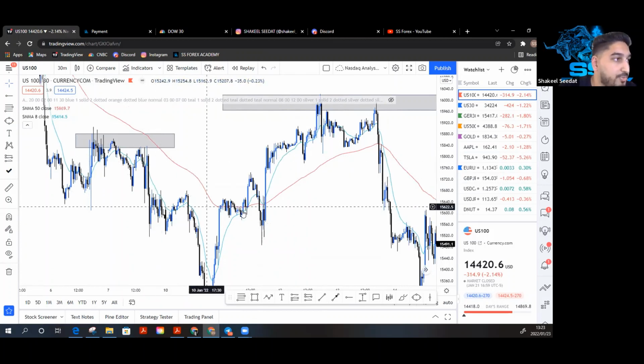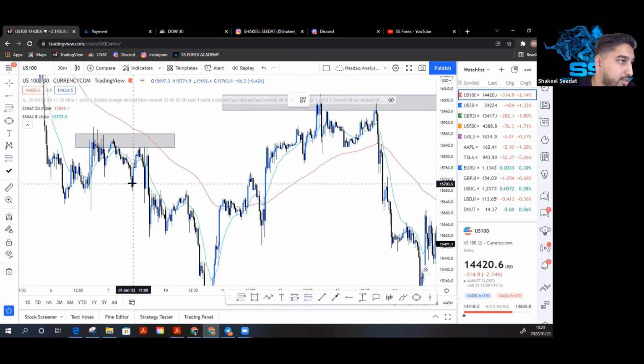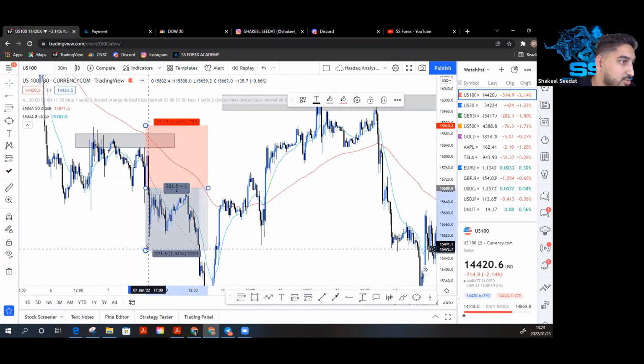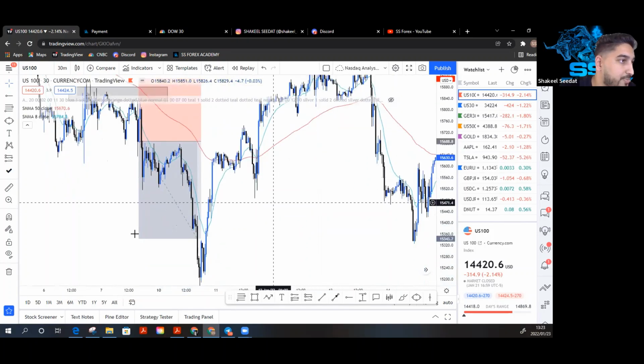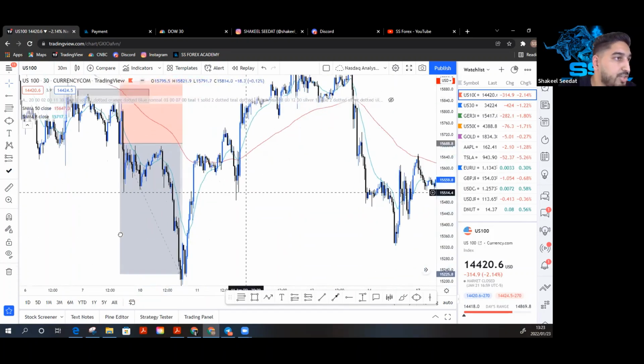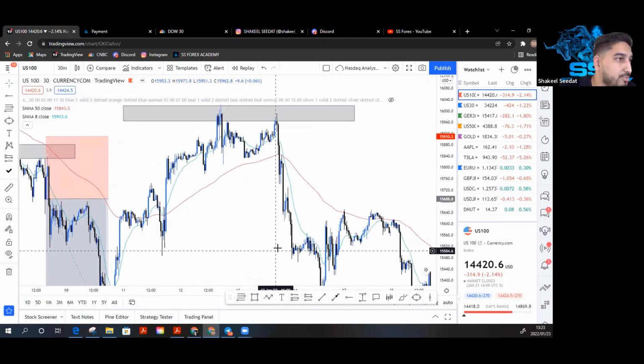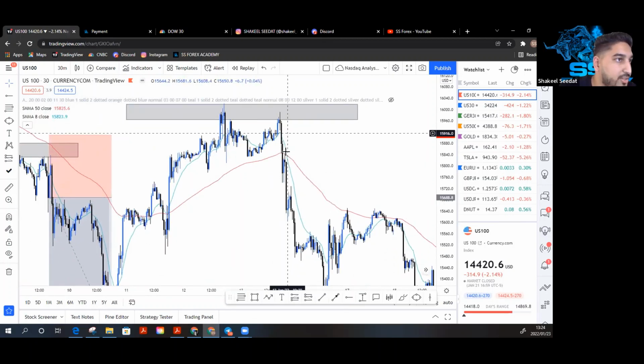So we sold, right? So let's just put this back here so that you guys can see. So that was the trade there. The 8 moving average closed below. Likewise here, the 8 moving average was below the 50, and you have the candlestick close below.